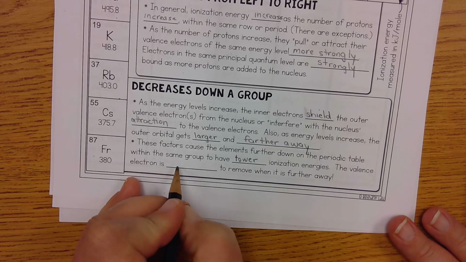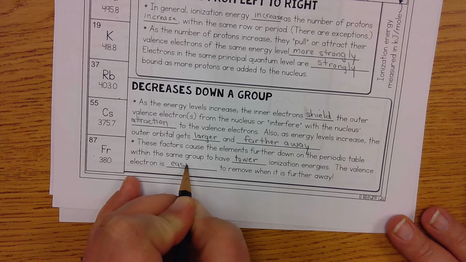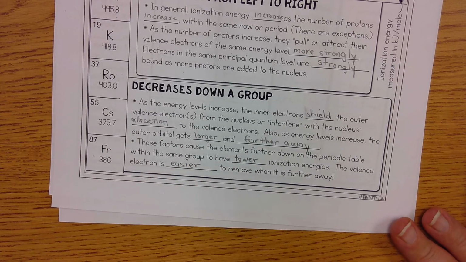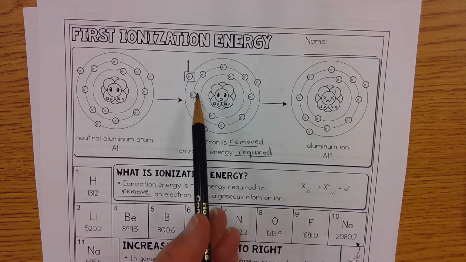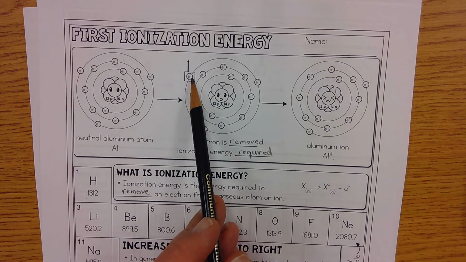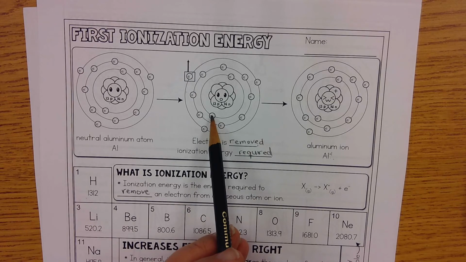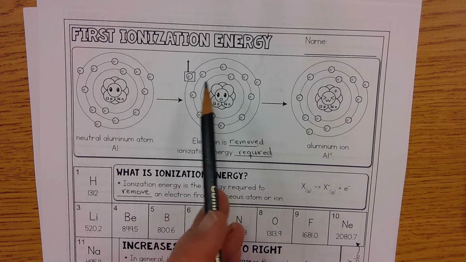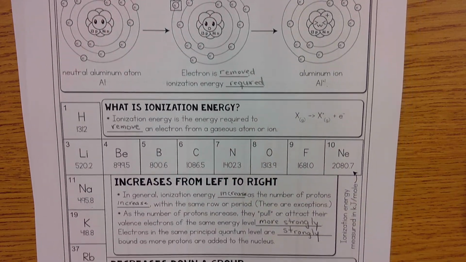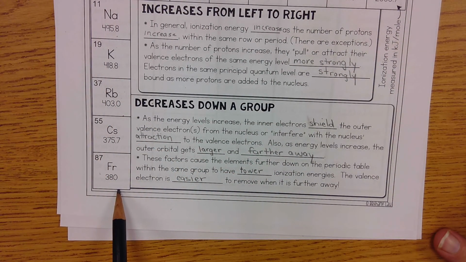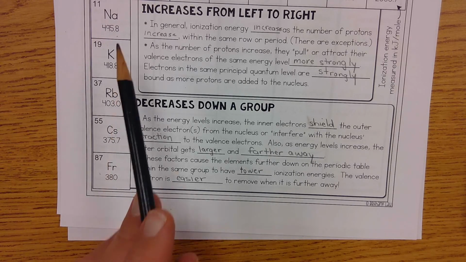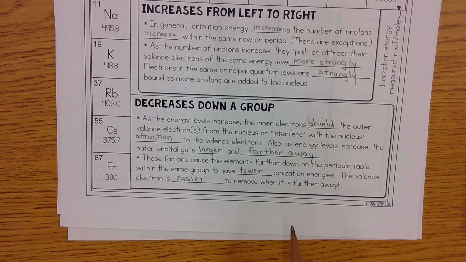The valence electron is easier to remove when it's farther away. So here, back in my aluminum example, it's a whole lot easier to remove this electron than it is to remove this one because it's further away. So that general trend, as you get bigger and bigger atoms, the outer valence electrons are further away, so they're easier to remove.